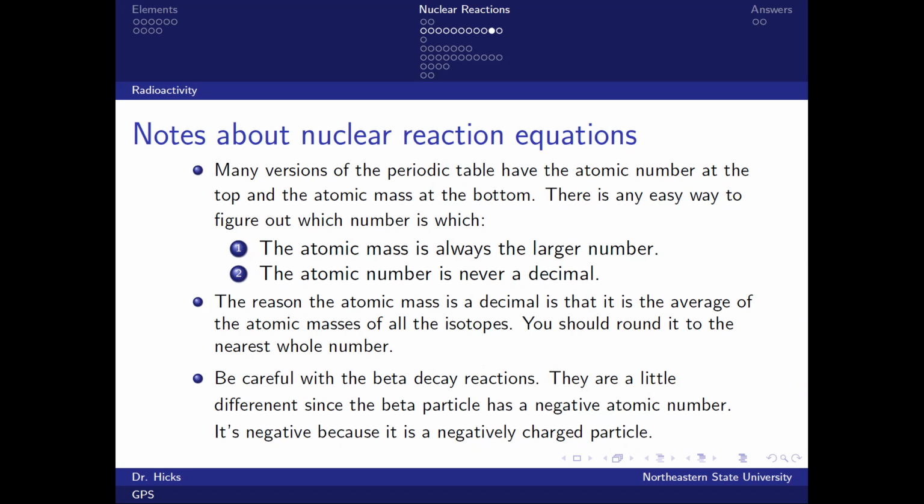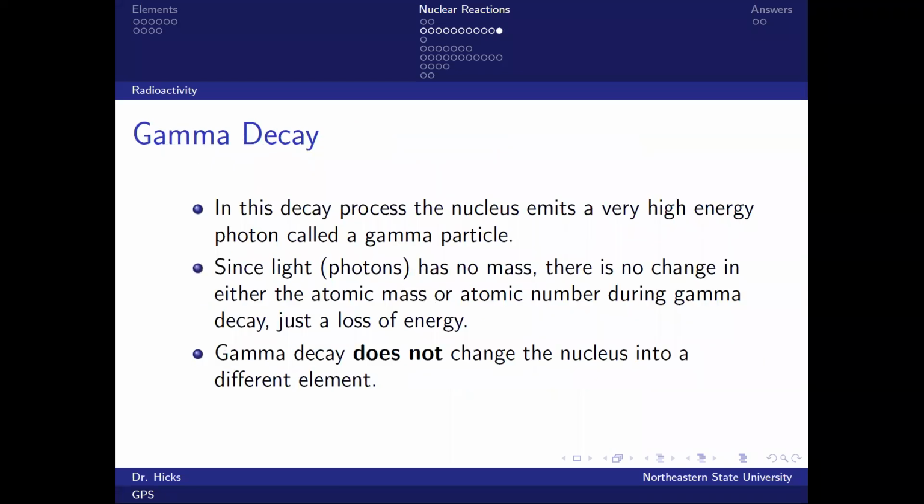So to undo that, we subtract 1 from the atomic number. This is kind of weird with the beta decay. Luckily, for gamma decay, since there is no actual particle emitted, there's no change in atomic mass or atomic number, so just a loss of energy. So when an element undergoes gamma decay, it does not change into a different element. It just loses energy.